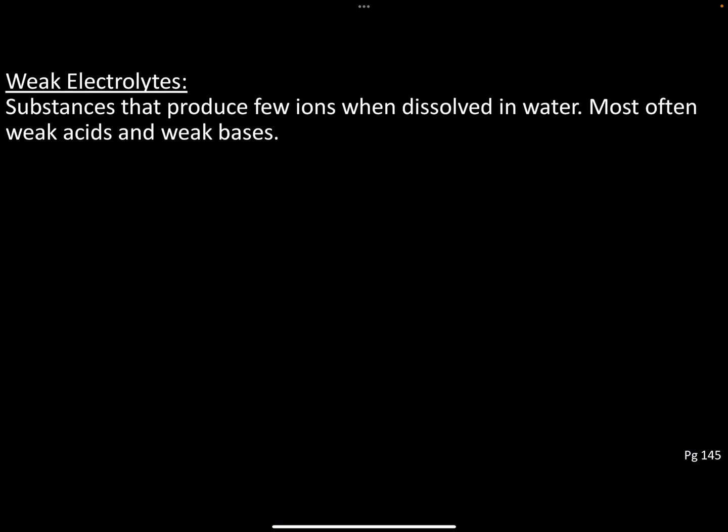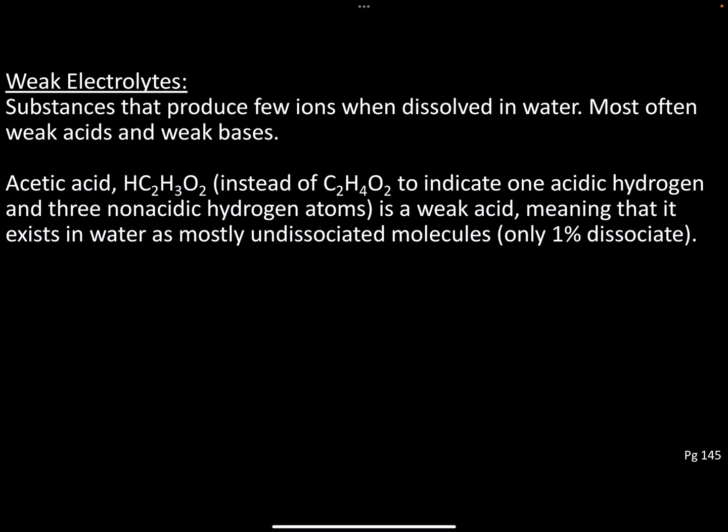Now, I want to talk about weak electrolytes a little bit also. A substance that only produces a few ions when it's dissolved in water is a weak electrolyte. And most often these are weak acids and bases. Because salts dissociate so fully, we don't really have any weak electrolytes that are made of salts. So instead we have something like acetic acid, which is a weak acid.